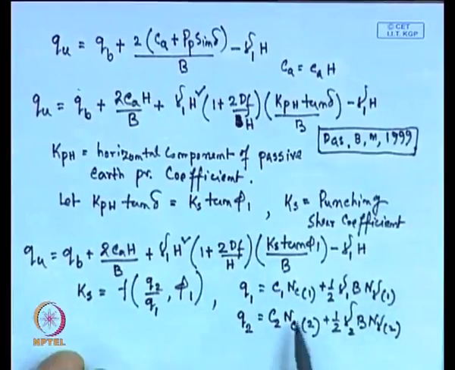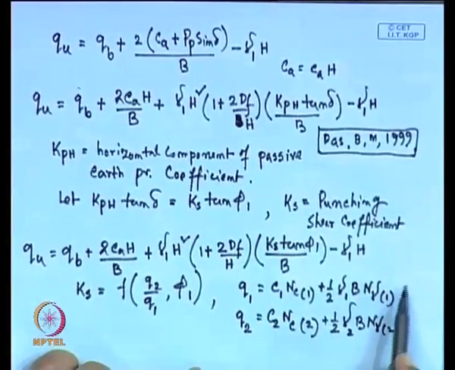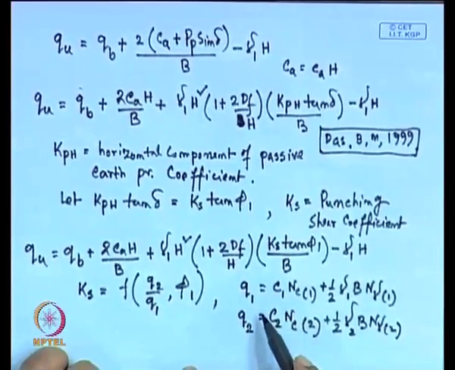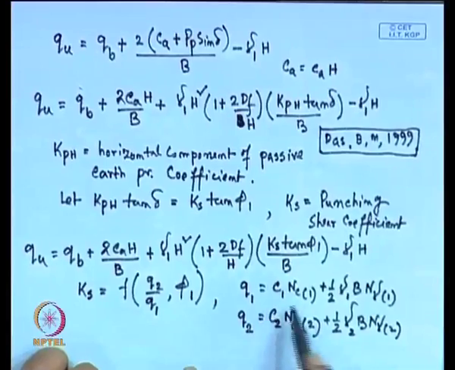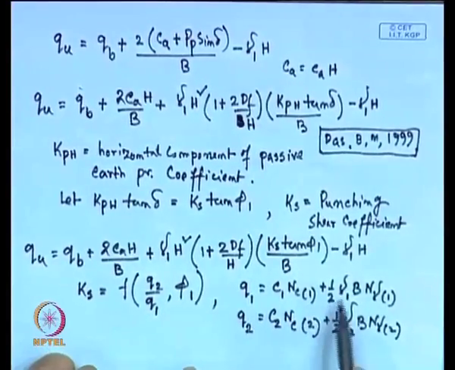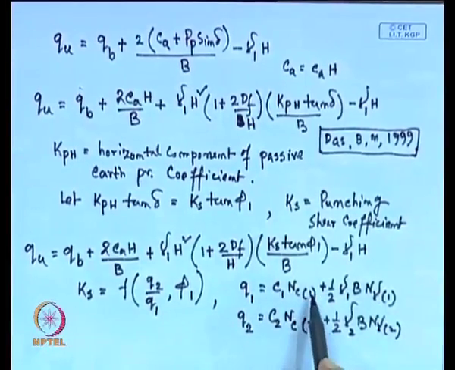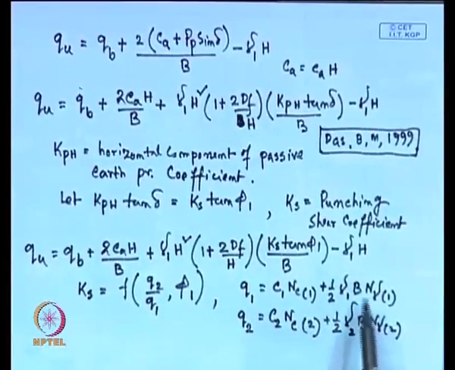So, here we can see that the second component, that is due to the surcharge, is not present here. That means Q1 and Q2 are the bearing capacities if the footing is placed at the surface. So, this is for the surface loading condition where q is 0, so the second term is also 0.